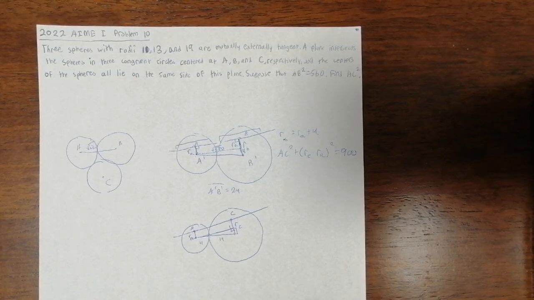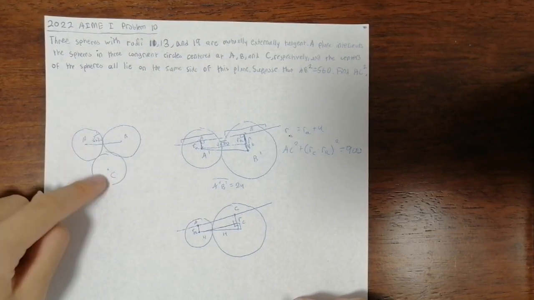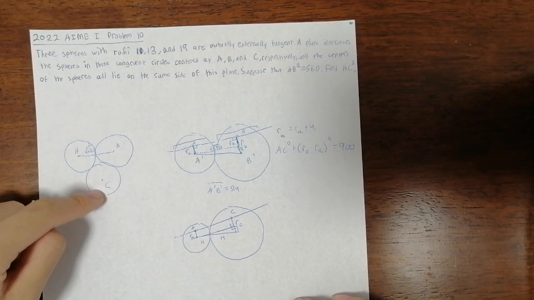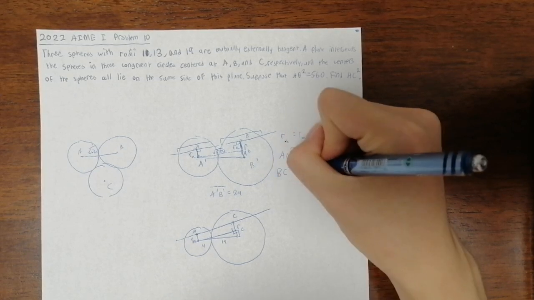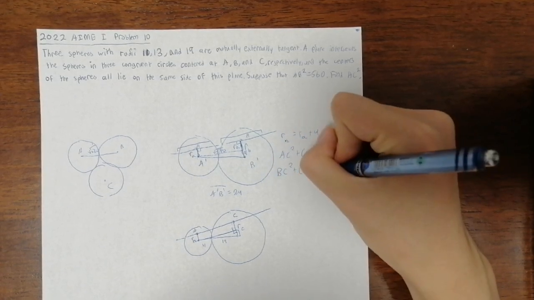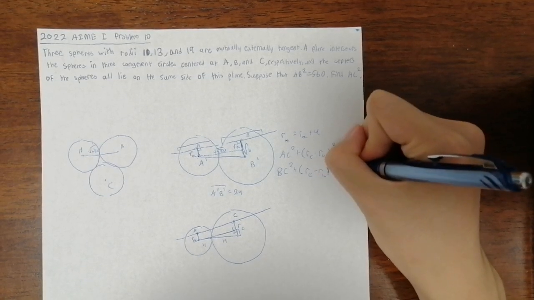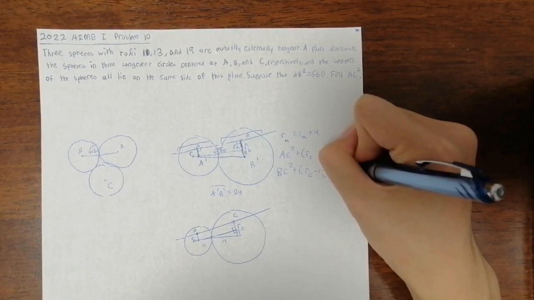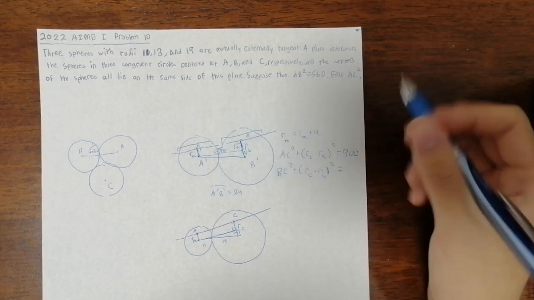All right, and we can also do this one more time for our last pair of circles, B and C. So from that we get BC squared plus RC minus RB squared is equal to 32 squared.